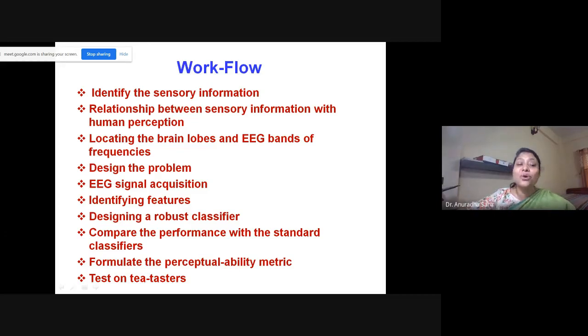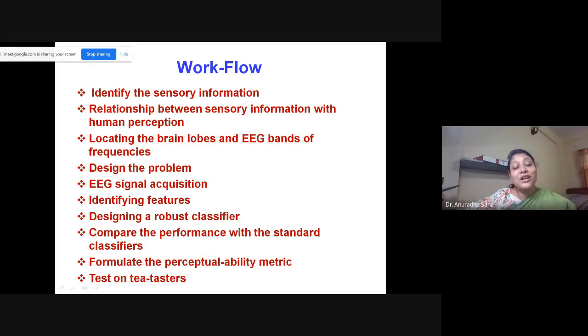First of all, EEG signal acquisition must be done. Then whenever you have gathered your brain signals through electroencephalography, which is the full form of EEG, you need to identify the correct features. I am going to talk about the details when I move to the further slides.